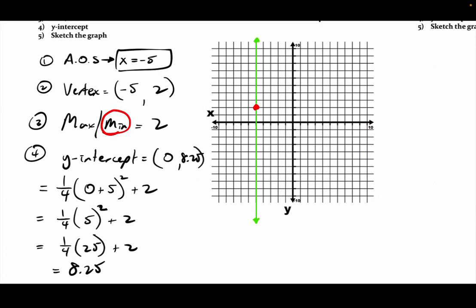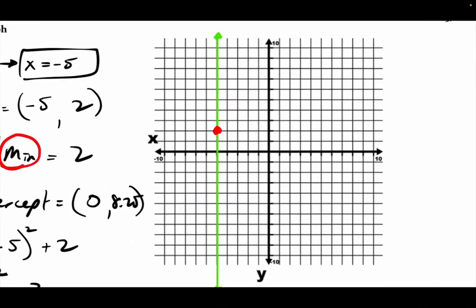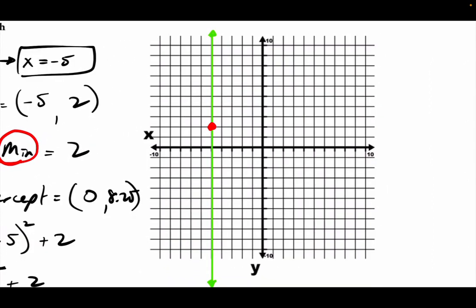Zero, comma, 8.25. Okay, so here's my problem. How do I graph 0, 8.25? How do I graph that? I got to make a dot. But where do I make my dot if it's 8.25? I know where 8 is. 0, 8 is 1, 2, 3, 4, 5, 6, 7, right there.